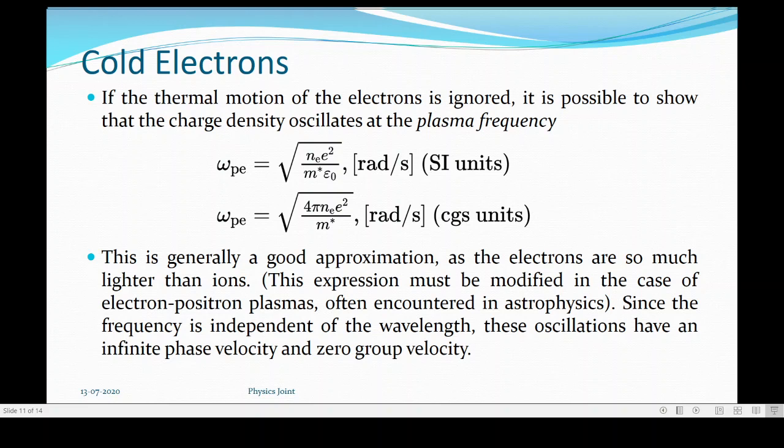You see from this term that if it is independent of wavelength, then 1 by wavelength is k. So if k remains in the denominator, it will be 0, and therefore the term is infinite.